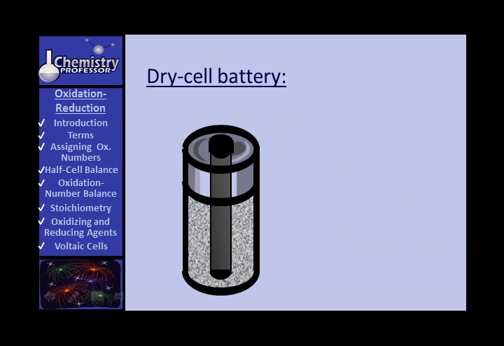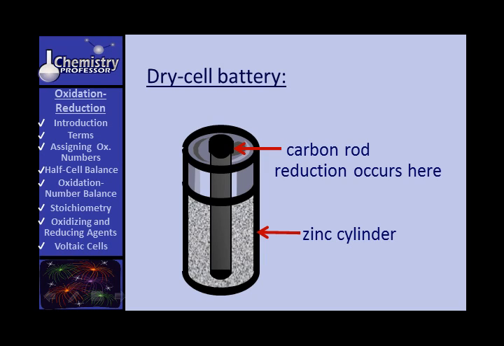Now, this doesn't use the same exact reactions that we're talking about, but it is the same kind of process. In a dry cell battery, you've got a carbon rod going down through the center of it. Reduction occurs in that carbon rod. You've got a zinc cylinder, and oxidation occurs in that zinc cylinder. And that carbon rod and the zinc cylinder don't touch each other.